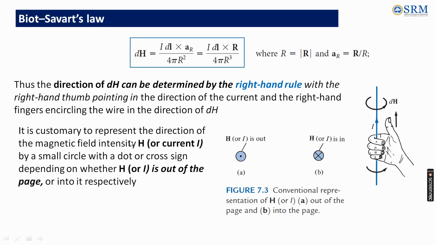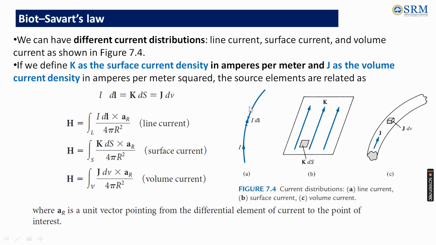I can represent the direction of magnetic field intensity in two ways, by drawing a circle and putting a dot inside, which means the field is outwards, whereas if I put a cross sign inside the circle, it represents the magnetic field intensity going into the page.